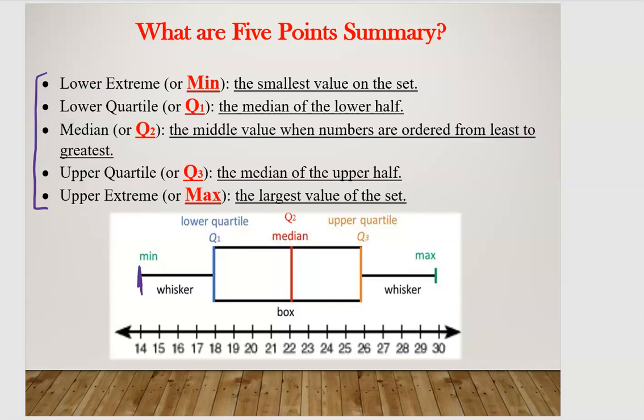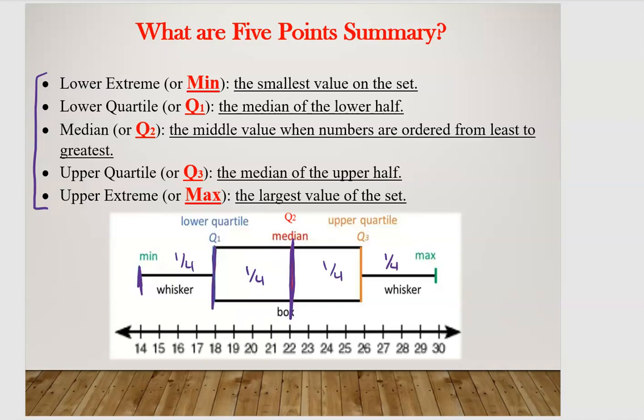Now the lower quartile is, so all of our data is split into four sections. So here's 1/4, here's 1/4, here's 1/4, and here's 1/4. And the way we get those fourths is by first splitting our data in half by using that median, which is the middle, and then we split it in half again.